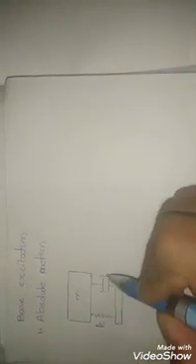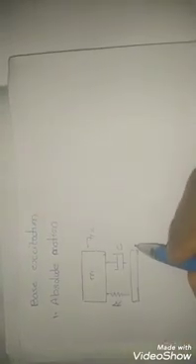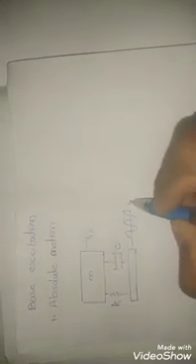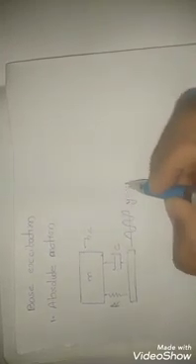For that we consider a mass which is connected to the moving support with the help of a spring having stiffness K and a dashpot with coefficient C. The mass has displacement x, and the moving support has a harmonic excitation given by small y equal to capital Y sin omega t.